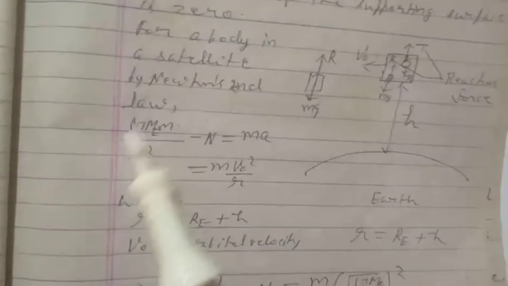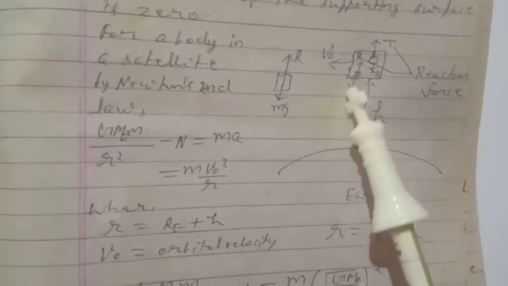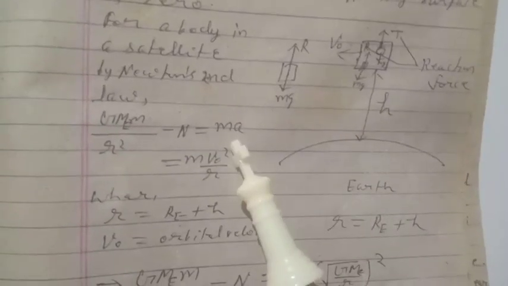By Newton's second law we can write GMEm by r square, this is the gravitational force, minus N, that is the normal reaction, equals mass into acceleration, equals m into v naught square by r, where r equals RE plus h and v naught equals orbital velocity.